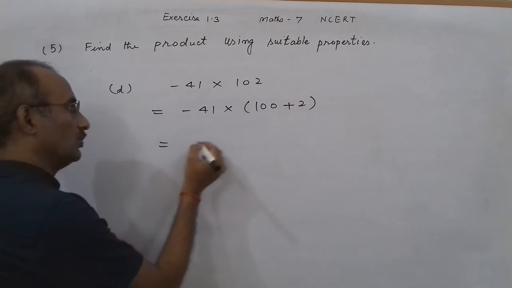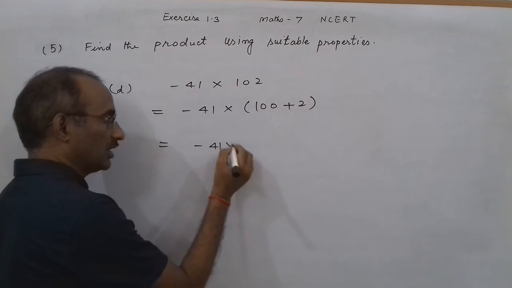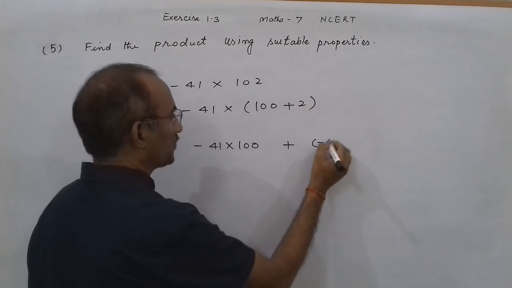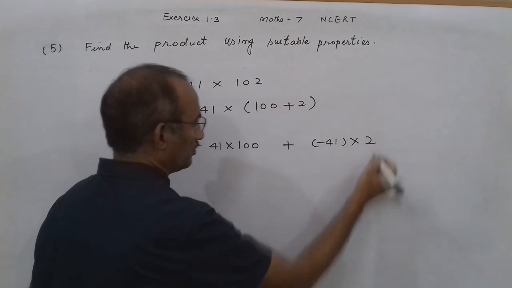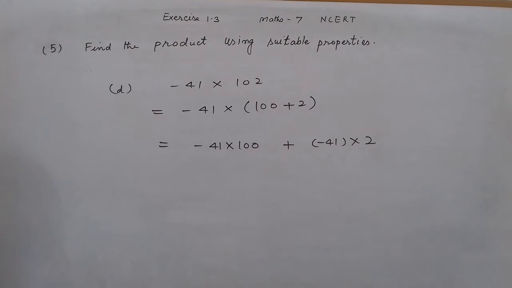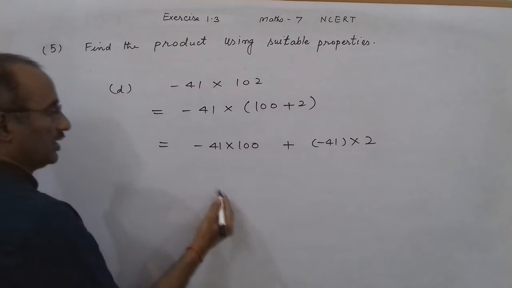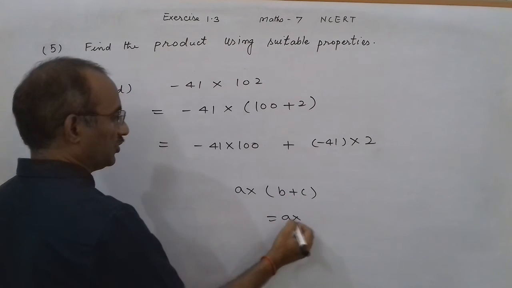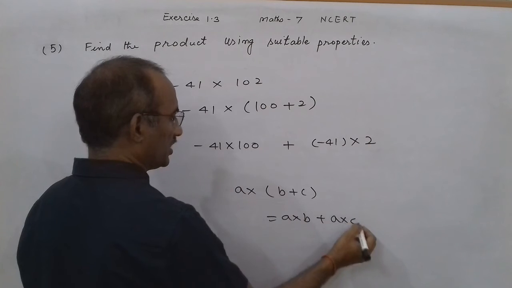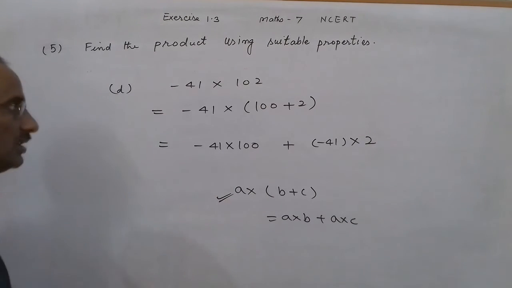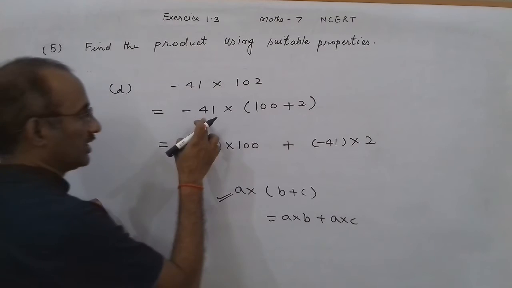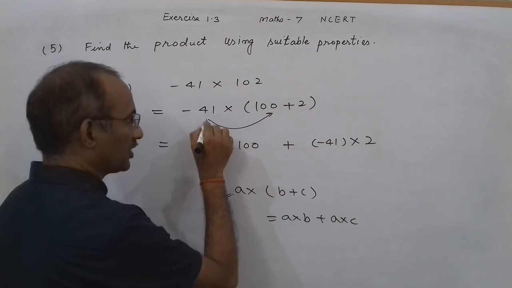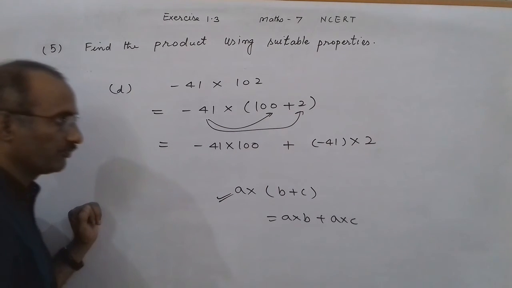And then using distributive property, minus 41 multiplied with 100 and plus minus 41 multiplied with 2. So this is the distributive property as A multiplied with B plus C, then we write A into B plus A into C. So using distributive property you can write minus 41 multiplied with 100 and minus 41 multiplied with 2.